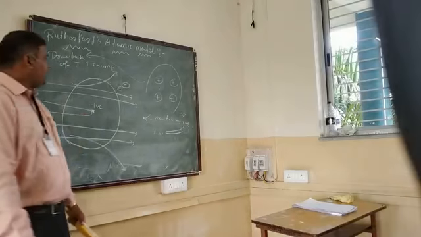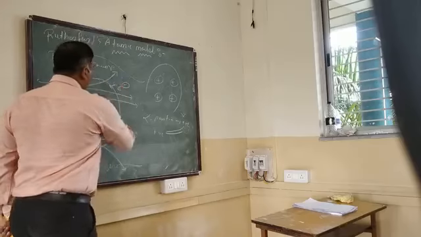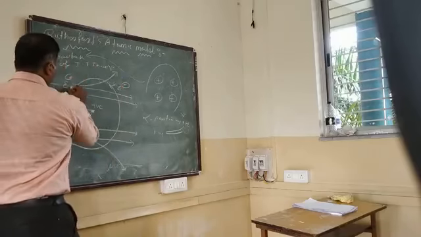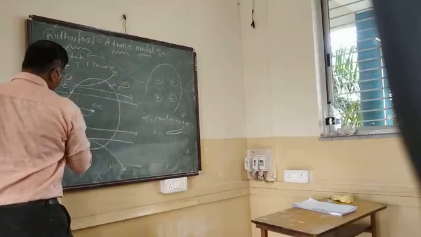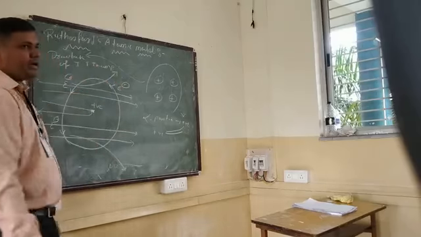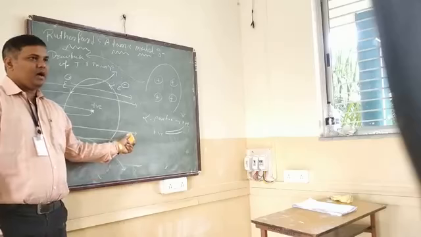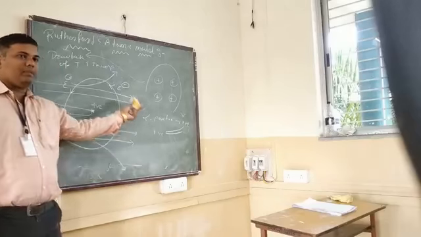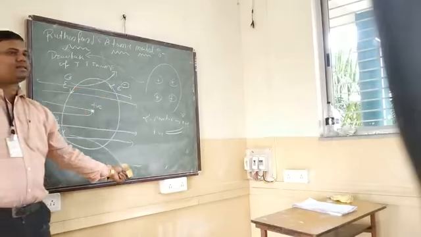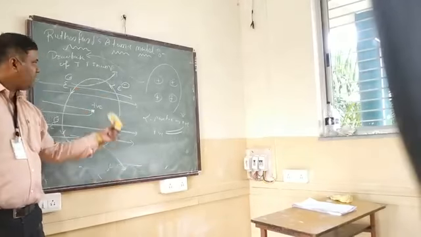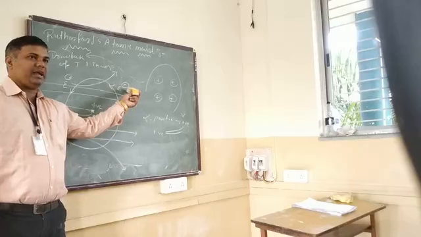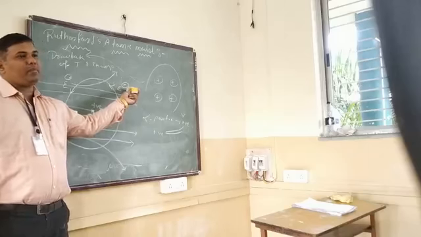उसने बोला कि अगर ये इलेक्ट्रॉन सिस्टम में घूम रहा है, always remember any charged particle gets accelerated. अगर कोई भी ऑब्जेक्ट सर्कुलर पाथ में घूमेगा, it will get accelerated. And if the charged particle is getting accelerated, what will happen?